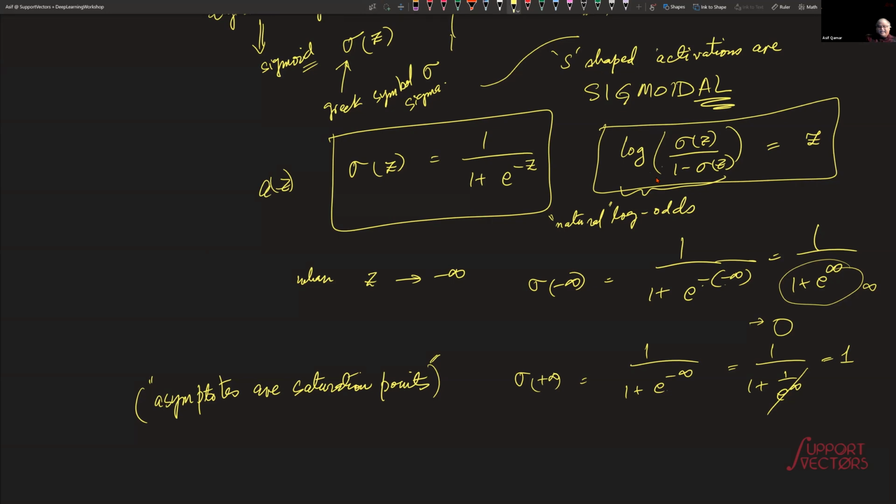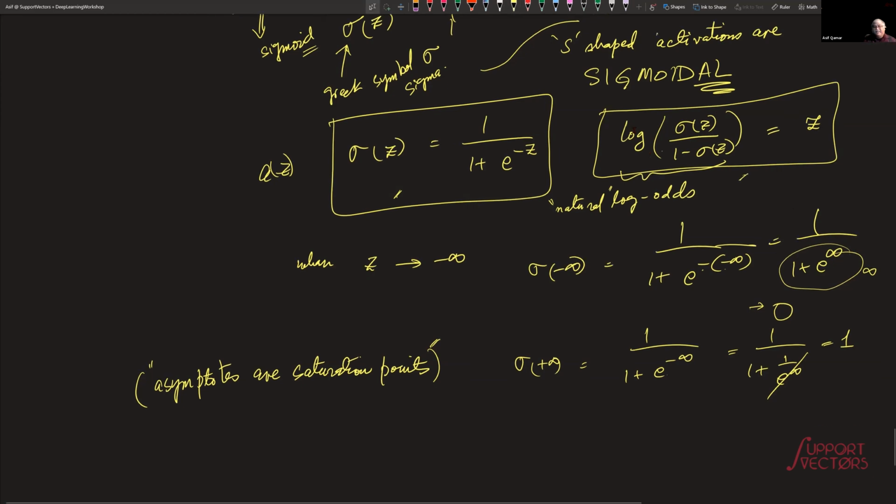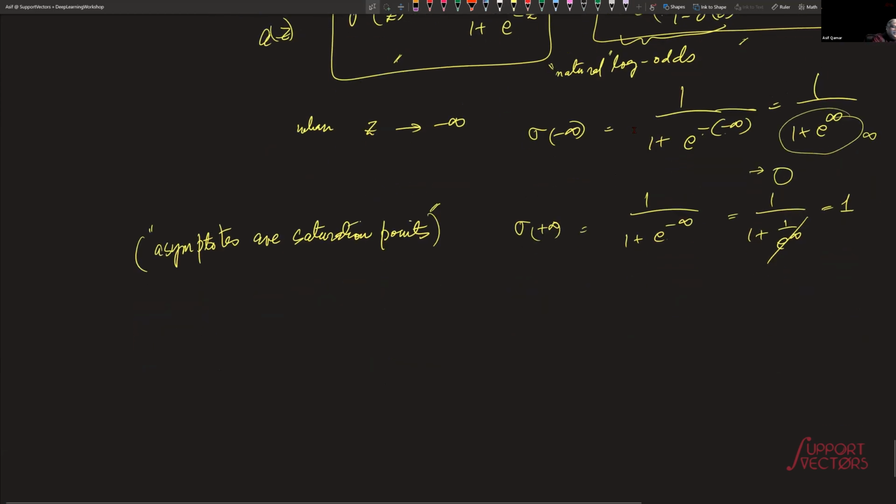When you have the log activation, let's go back and do that derivation. You could take the derivative here, or you could take the derivative here. Let's take the log part because it's a little bit easier, and you'll see why. So you can write log(sigma(z) / (1 - sigma(z))) = z.